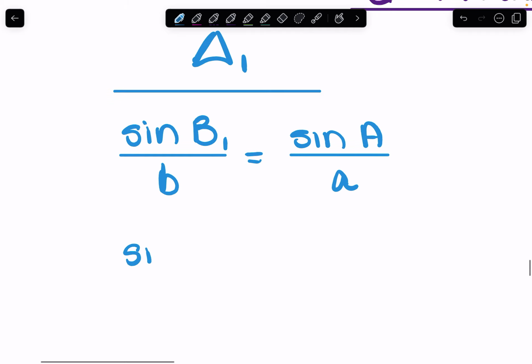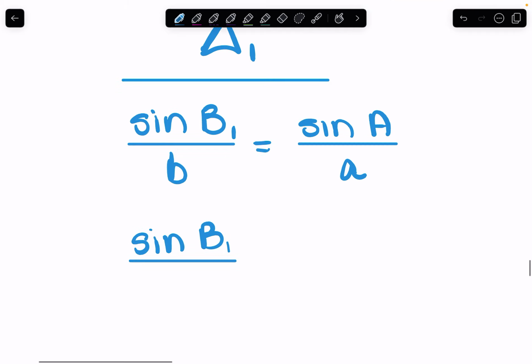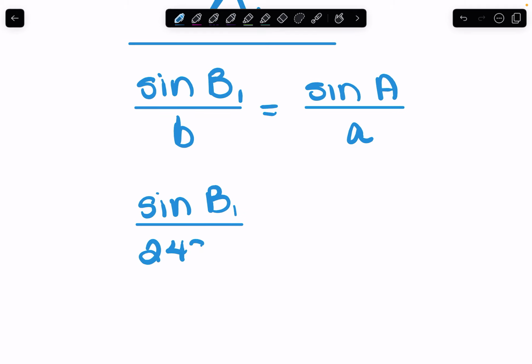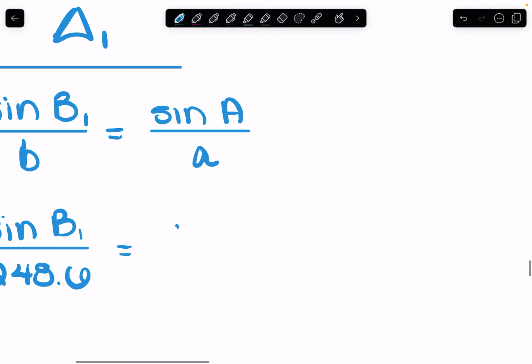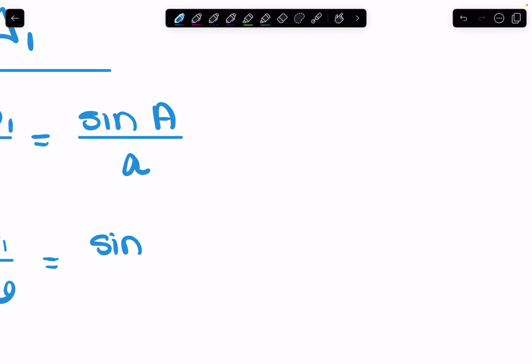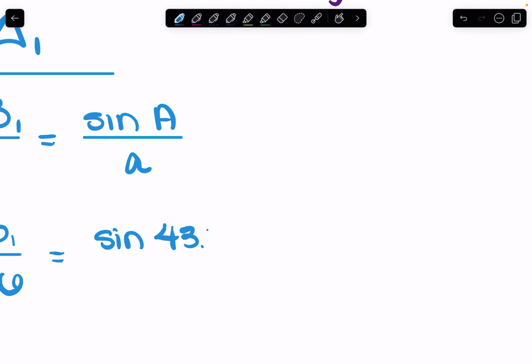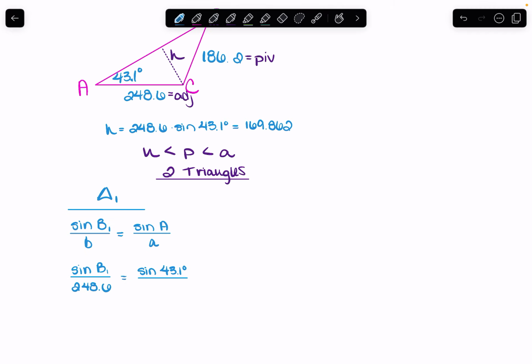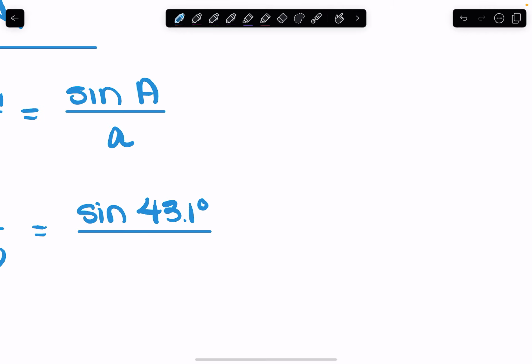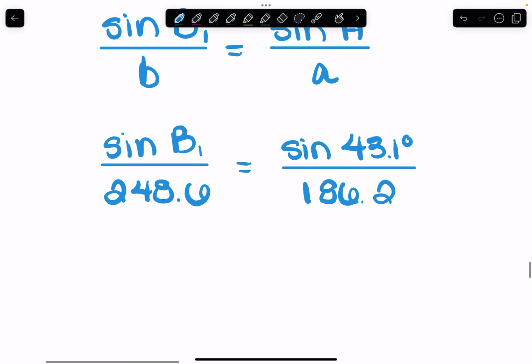All right, so sine of angle B sub 1 over side B, which is 248.6, has to be equal to the sine of angle A, which was 43.1, over side A, 186.2.